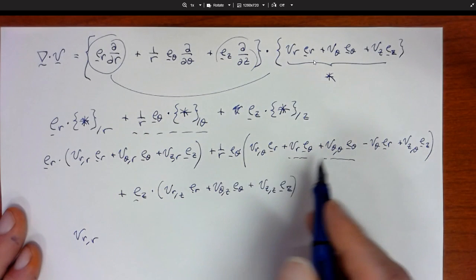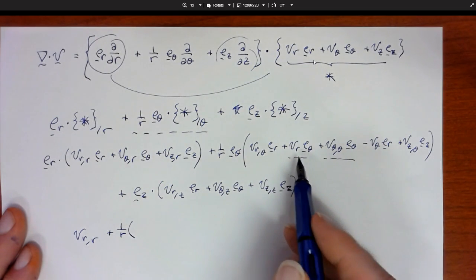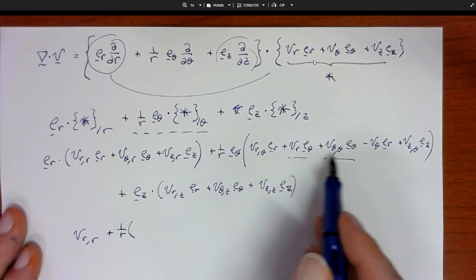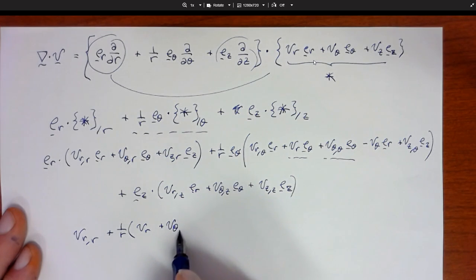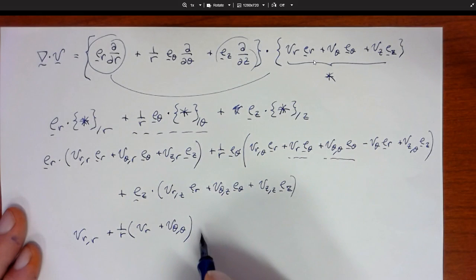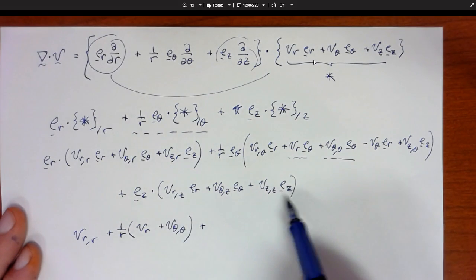So now we have here 1 over R, that still exists, E theta dotted with these two components. So I get a VR plus the partial derivative of V theta with respect to theta. You can see you get this VR component, no derivative, that stays there. And then plus, finally, this one dotted with this term.